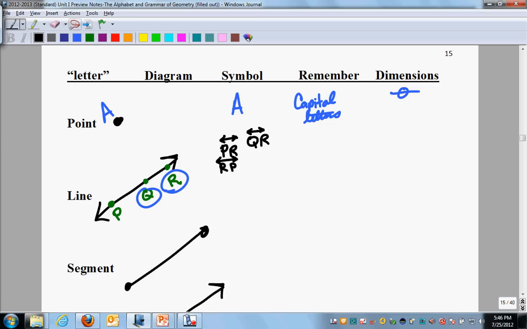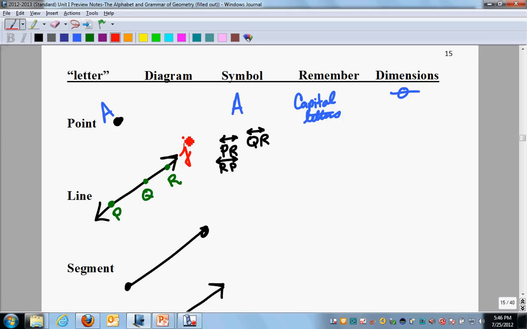Now, there's a second way to name this, besides any 2 letter combination. The next way is if we use a lowercase italics or cursive letter, for example, right at either arrow. Notice it's lowercase, so it's no longer a point, it's a name.